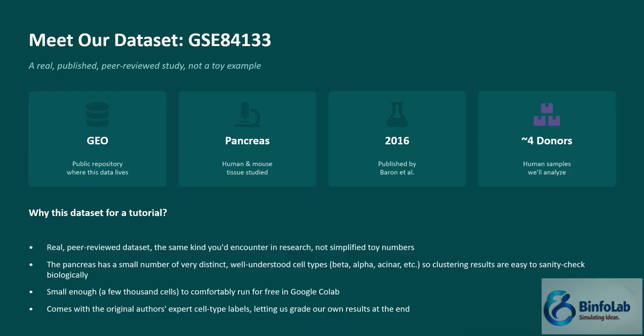We will choose the pancreas human and mouse datasets, published in 2016 by Baron et al. It has 4 human samples, 4 donors, and we will pick our dataset from the GEO database, this one, GSE84133.